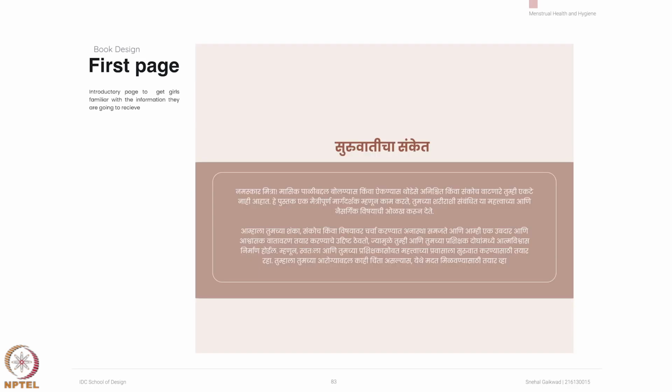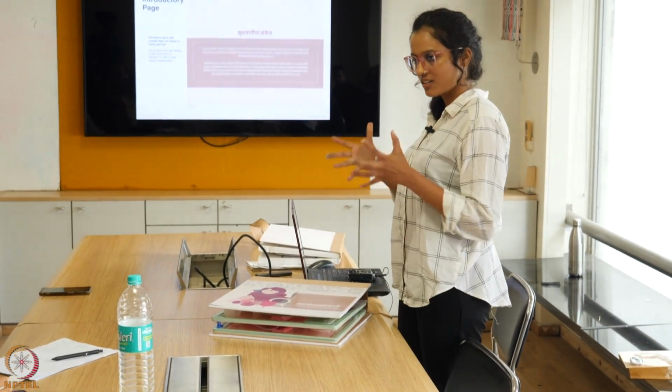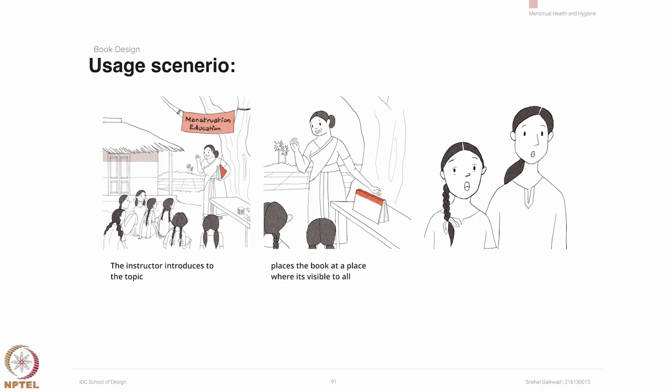If I open a book directly and show them a uterus model, they might get scared or uncertain or a little hesitant. So I gave an introductory paragraph which explains that this is a new thing for you and you don't need to be hesitant. So the instructor who is explaining will also get a head start to talk about this.